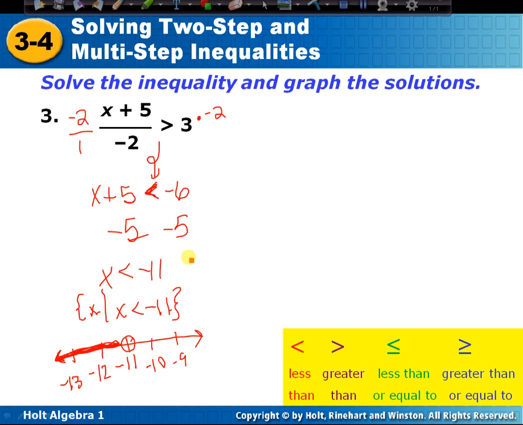So now I have solved, I have set, I have graphed, and now I'm going to check. In order to check, I have to come back to my original problem. And instead of x, I'm going to put in parentheses. And I'm going to say parentheses plus 5 divided by negative 2 is greater than 3. I'm going to use negative 12 to check with.